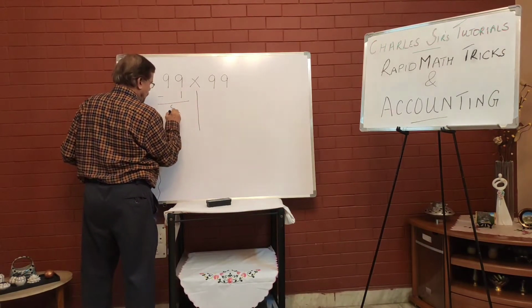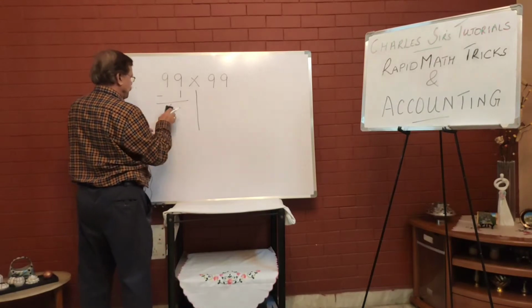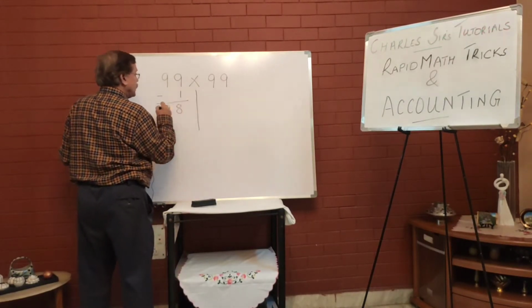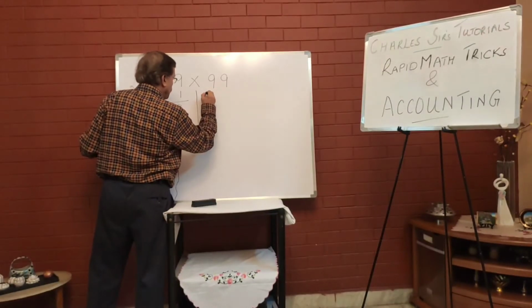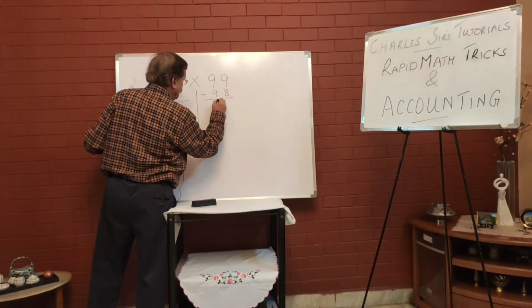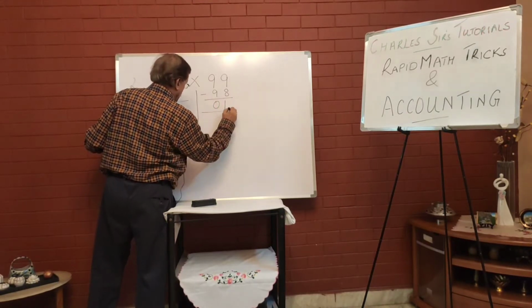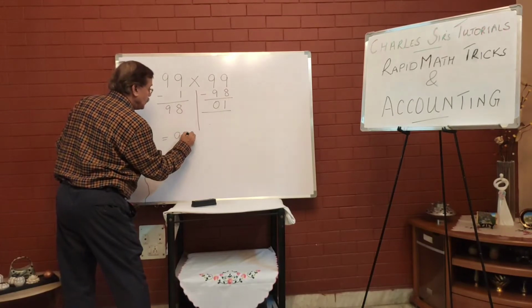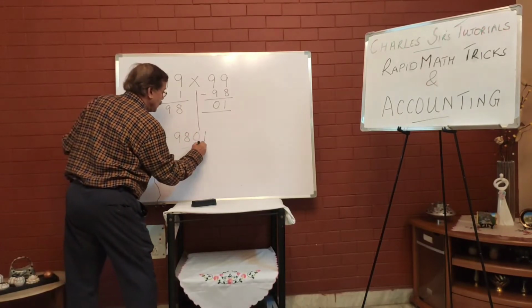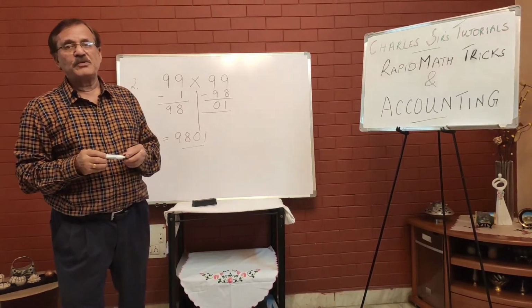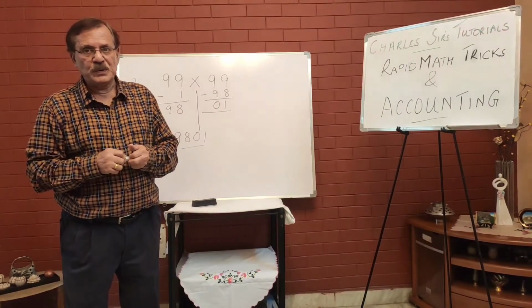What is left? 98. This 98 deduct from 99. How much is left? 0 and 1. Combine them together, you have 9,801. This is your answer. This was trick number 2.